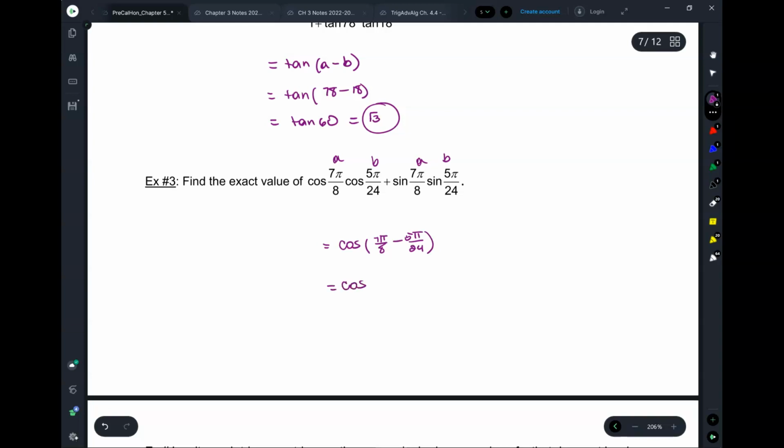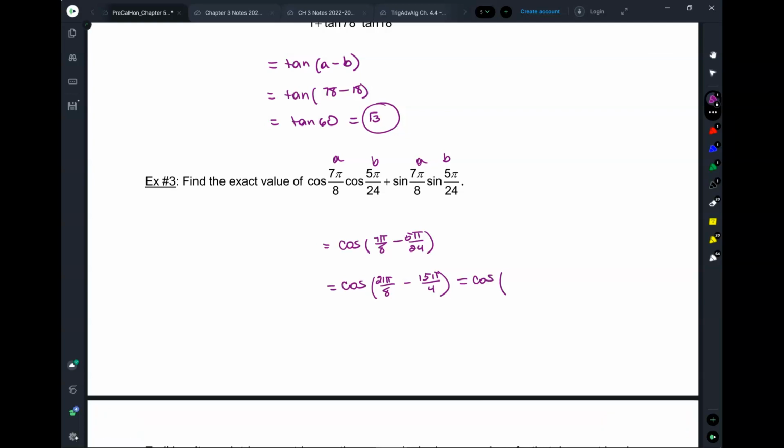Then you have to do the common denominator. This is cosine of how much?